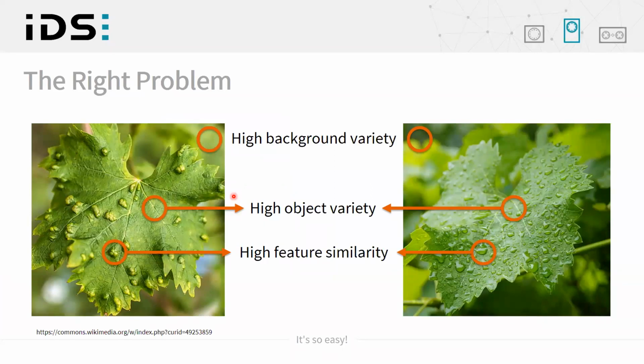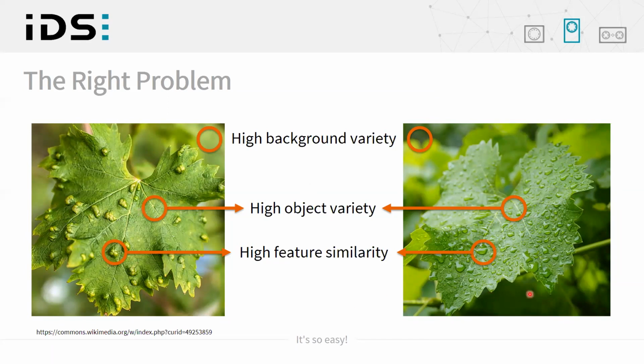So why are neural networks really good for this? Because through this really rich and complex feature extraction, they can deal with a very high background variety. In these outdoor scenarios, you might have rainy weather, sunny weather, anything in between. You have a very high object variety. Each wine leaf is basically individual, and it's hard to put these all in rules.